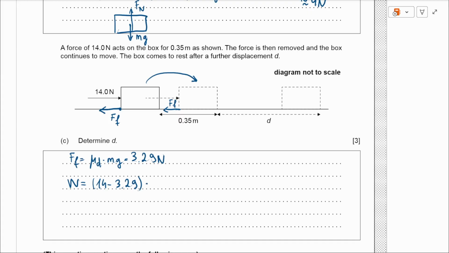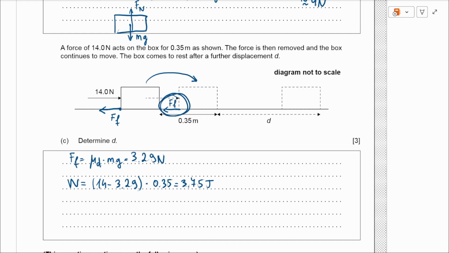And this is multiplied with the distance that we have traveled, as again, work is force times distance, just like I explained in the first question from the time zone 1 paper. So this is times 0.35. This will give us 3.75 joules.